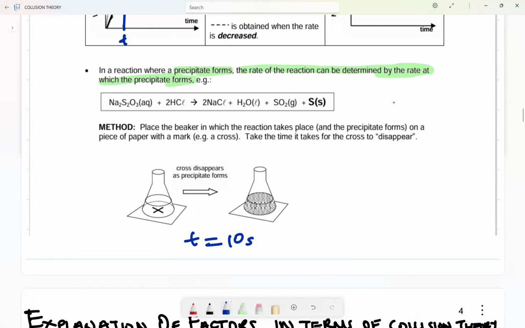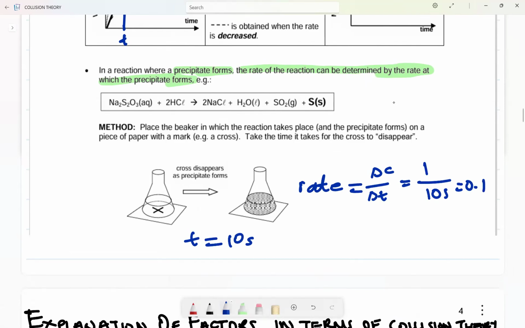Now we can see how the rate was faster or slower. If you say 1 divided by 10 seconds, remember rate is change in something divided by time. But this one, let's consider them as constant: change in concentration divided by change in time. The concentration is constant, so you just put 1. Then the time is 10 seconds. So the reaction rate is 0.1.